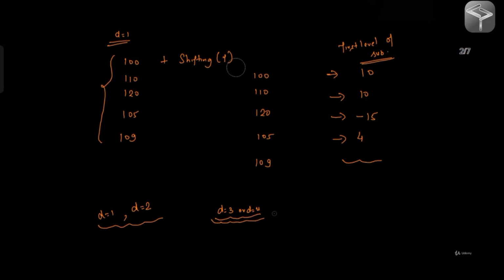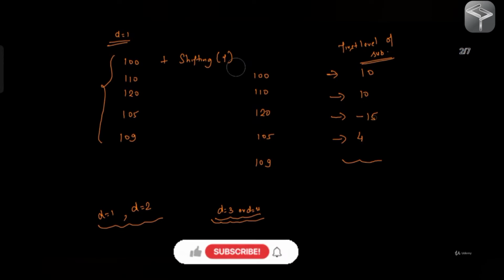After the first level of subtraction, you observe I still have some trend in my data, so I have to make this data stationary, meaning we are trying to remove the trend. Let's apply a second level of differencing.